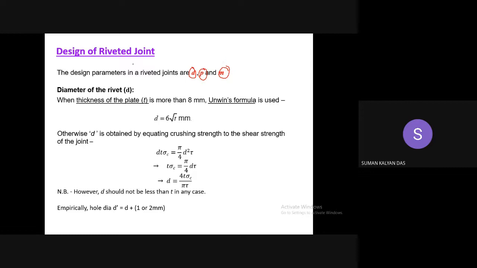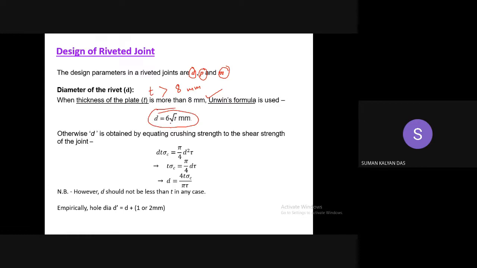Now, how to approach the design of the riveted joint? First, if we consider calculating the diameter of the rivet, we will first compare the thickness of the plate. If the thickness of the plate T is greater than 8 mm, we will use a formula known as Unwin's formula, which is this.